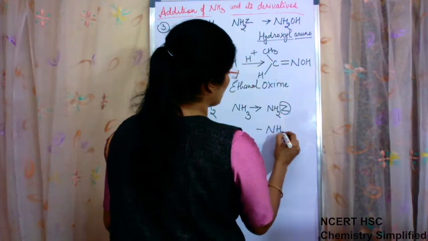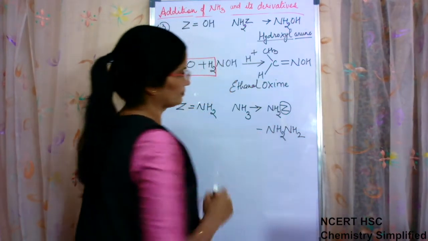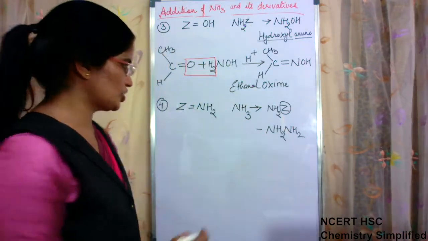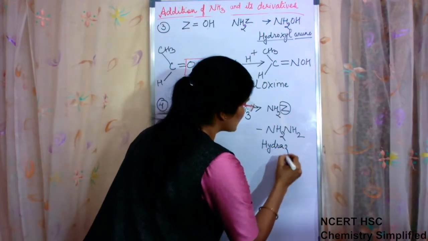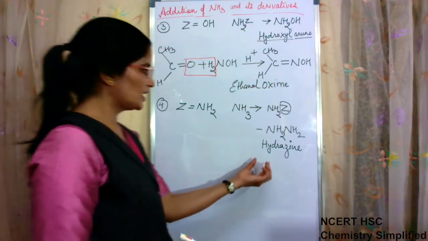So actually the reagent has become NH2NH2. Now in the next reaction, your reagent is NH2NH2. This is known as hydrazine. The name of this reagent is hydrazine.